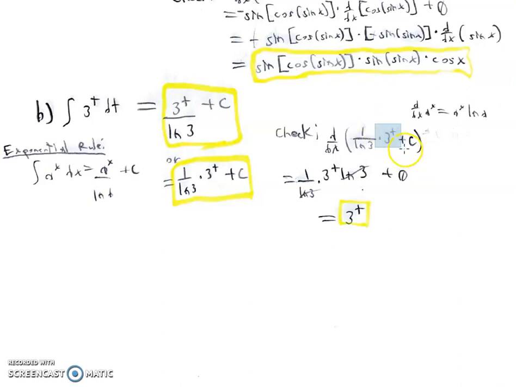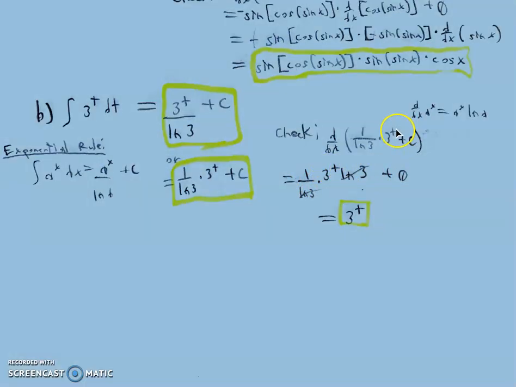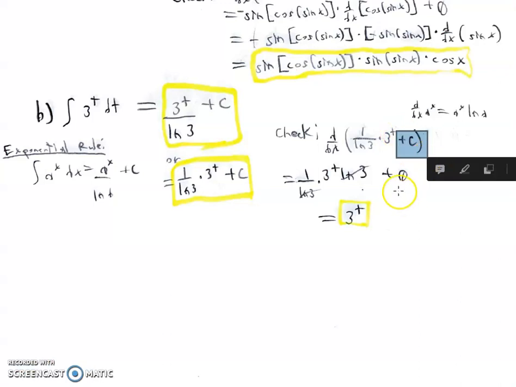When you take the derivative of a constant to a variable power, you get the constant to the variable power times the natural log of the constant. So right here, I made it 1 over ln 3 times 3 to the power t times ln 3 plus 0, because c becomes 0 since it's a constant by itself.